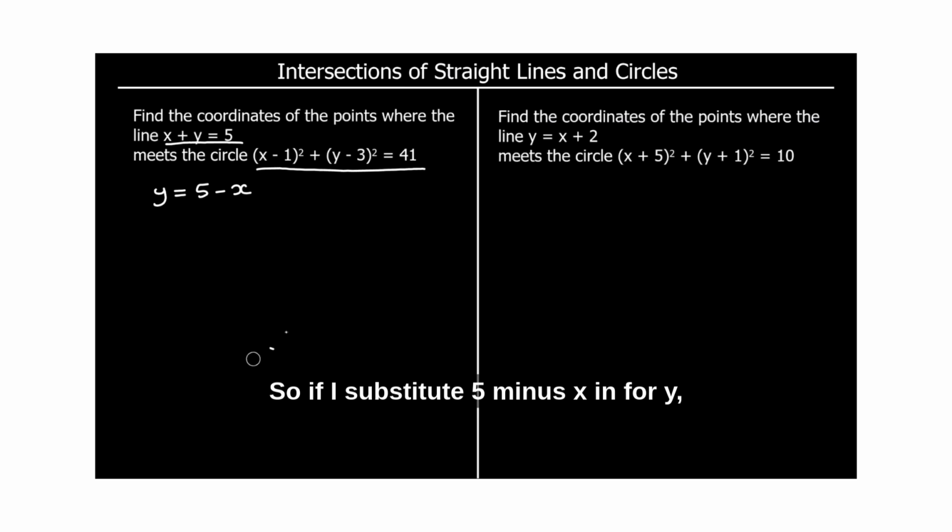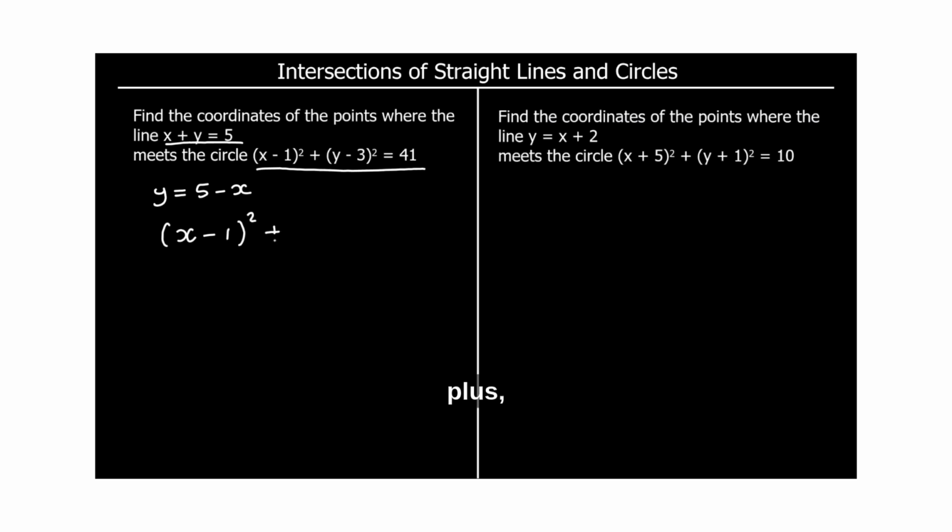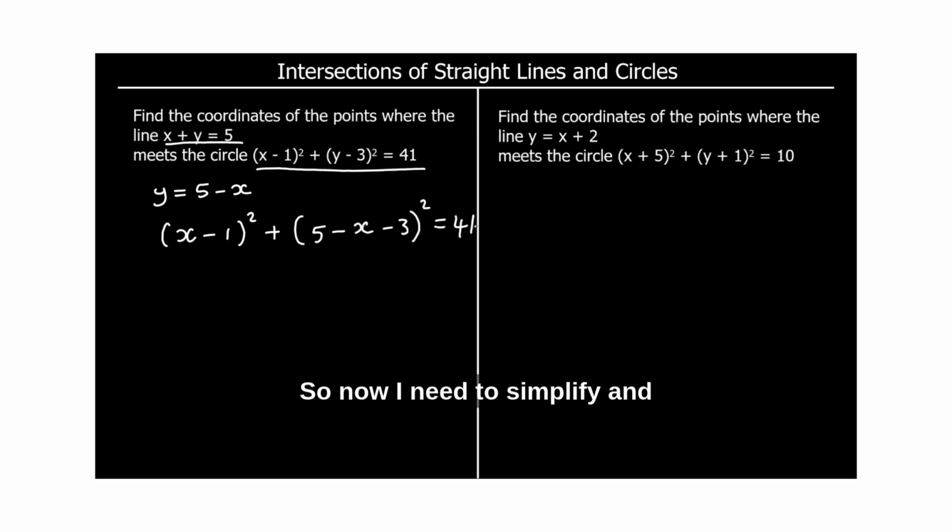So if I substitute 5 minus x in for y, I'll have (x minus 1) squared still, plus, and instead of y, I'm writing 5 minus x. So (5 minus x minus 3) squared equals 41. Now I need to simplify and expand the brackets.